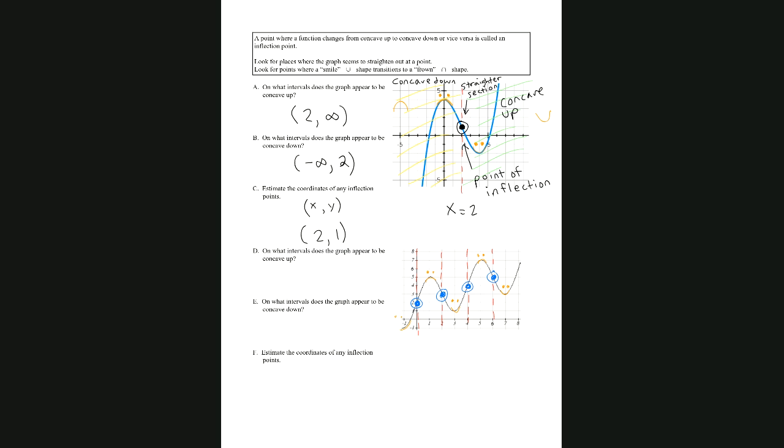Okay, so let's label these. It's concave down from 0 to 2, and concave down from 4 to 6. But it's concave up everywhere else.